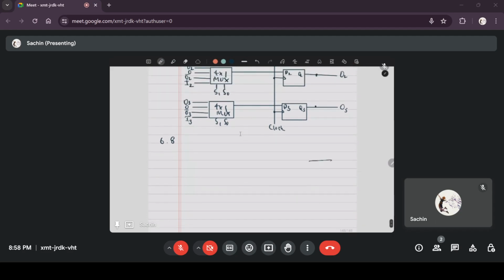Figure 6.6 is as follows. JK, clock, clear.